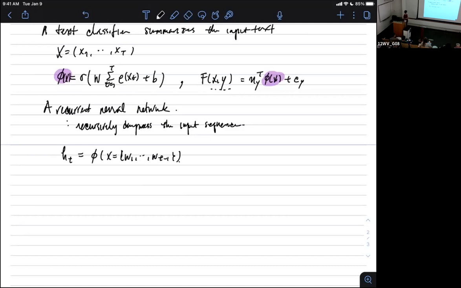We're going to assume there exists some P that takes as input this sequence and results in a fixed dimensional vector. And then the question is, what is the right way to add another word? So when we have this H T minus 1, and we add W T here, what is the right way to go about it?